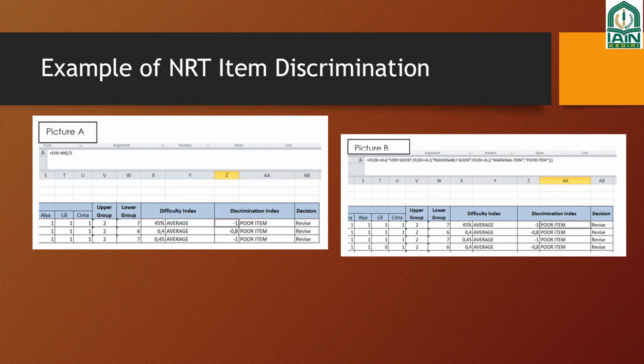Just pay attention to the formula. Write it down in the formula bar correctly. When you ask about the meaning of difficulty index, you use the formula as in picture B. Be careful. You will write down the meaning of difficulty index.